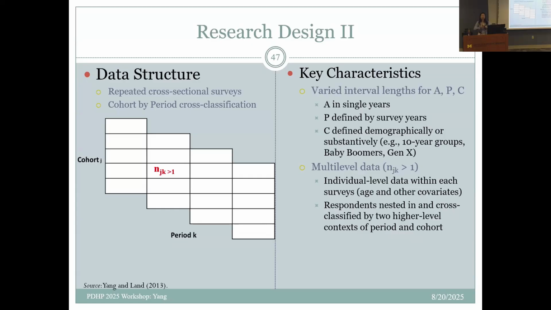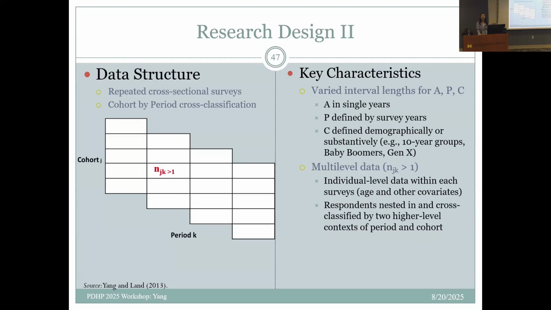What this means is that individual members of any birth cohort can be interviewed in multiple replications of the survey, and individual respondents in any particular wave of the survey can be drawn from multiple birth cohorts. Hence the N_JK, the sample size in the J by K cell, is larger than 1.